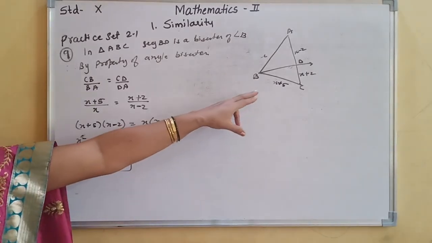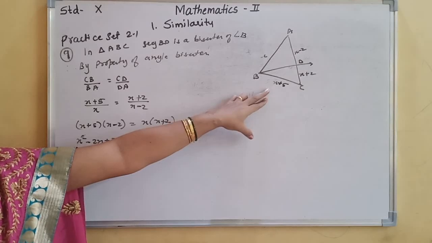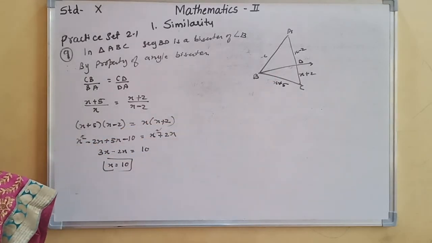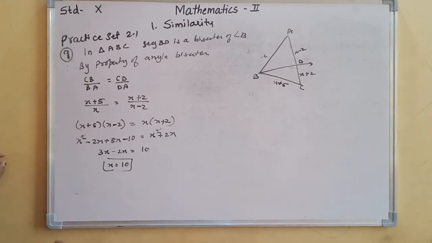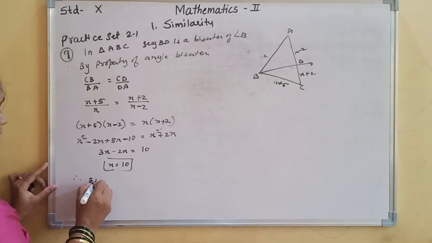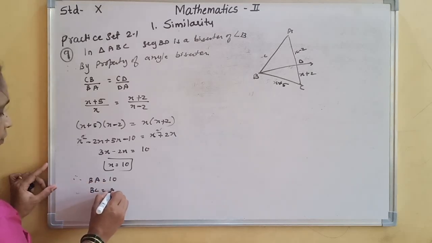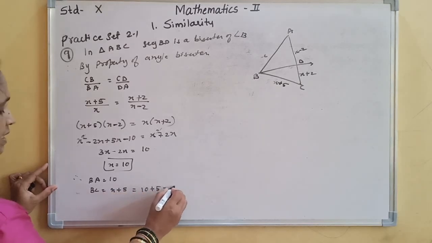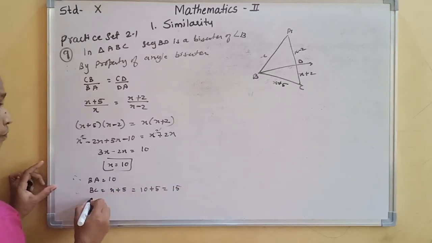So this will be 10 plus 5, 15. BC side will be 15, and this 10 plus 2 means it will be 12. Therefore BA is equal to 10. BC is equal to x plus 5, which is 10 plus 5, means BC is equal to 15.